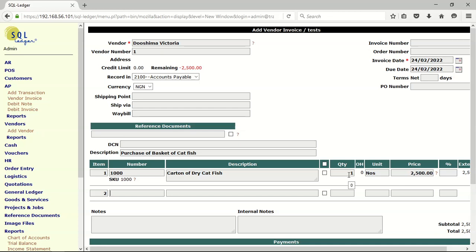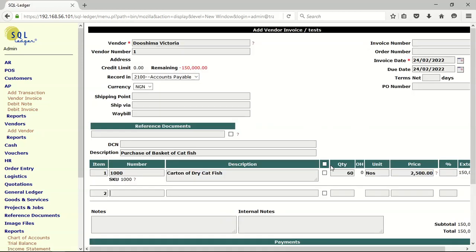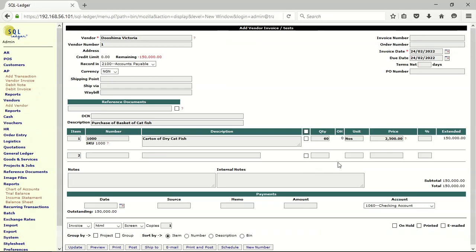So that she can begin to sell the fish, it can't be that we say we buy 60 so that it is easy for us to calculate. When you click now, the money is too much.